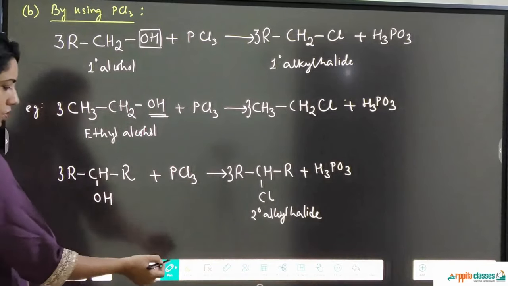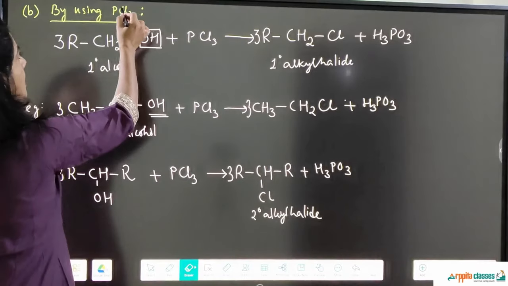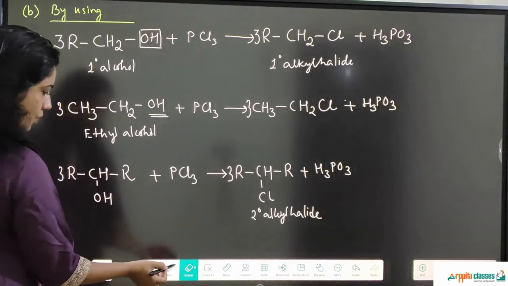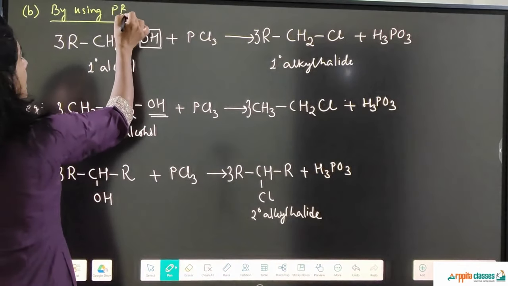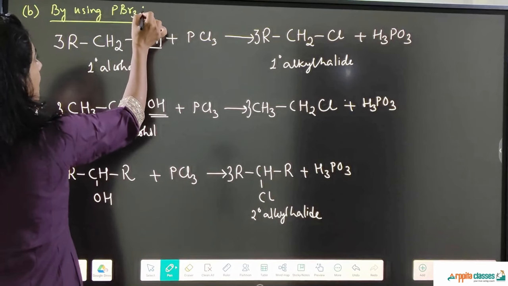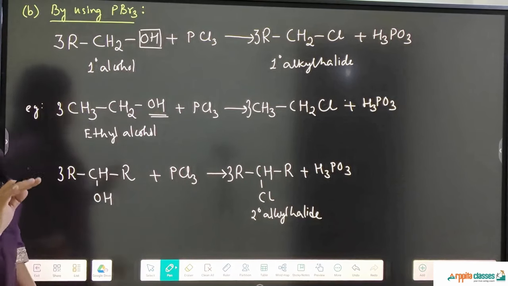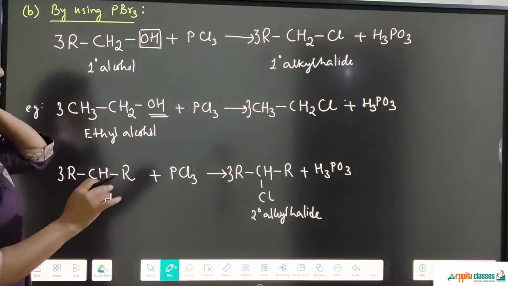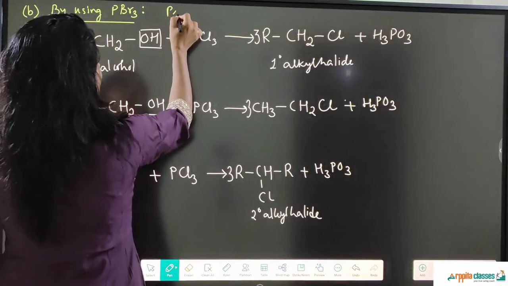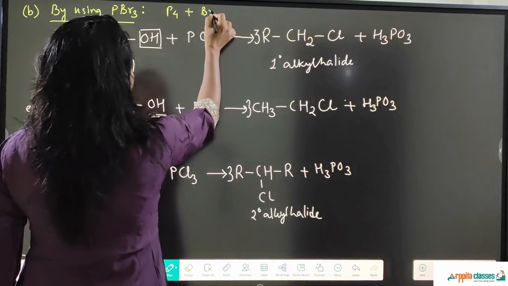Now if I use PBr3 here, this is your PBr3. But PBr3 cannot be produced and kept because it is an unstable compound. So we have to prepare PBr3 in situ. How? By P4 plus Br2.